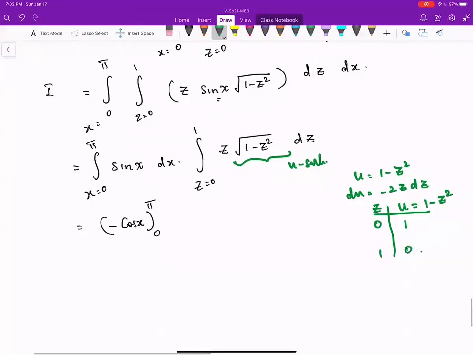When it is 1, u equals 0. So the integral becomes, with respect to u, from 1 to 0, the square root of u for the radical part. Then for z dz, it is du over negative 2.